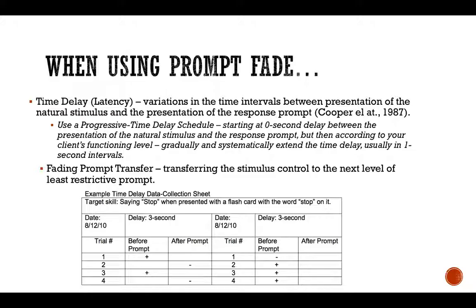But as you can see, the second time they did it, there was improvement before prompting. They were able to say stop 3 times without a prompt. And also fading prompt transfer, transferring the stimulus control to the next level of least restrictive prompting on that hierarchy.